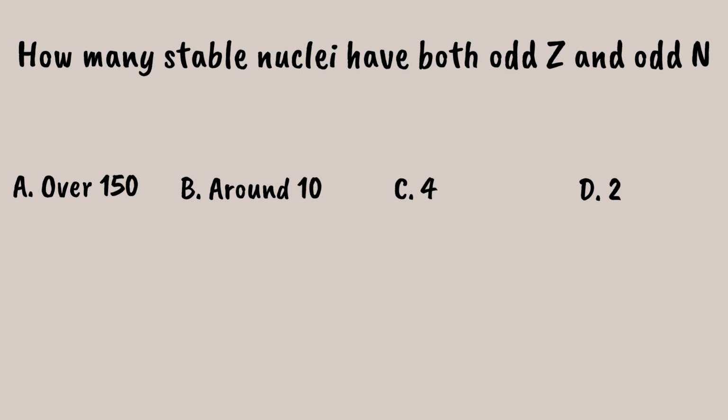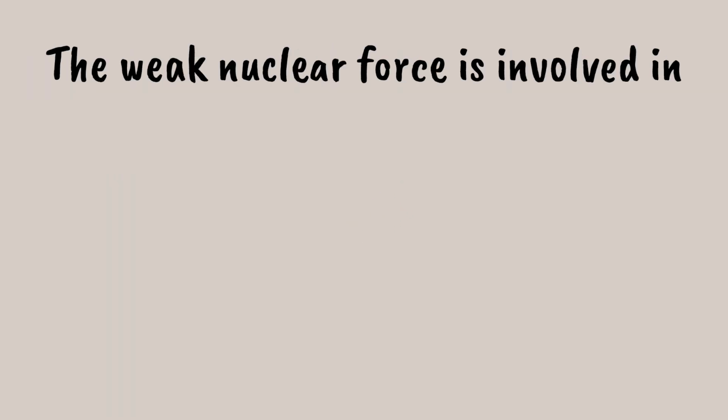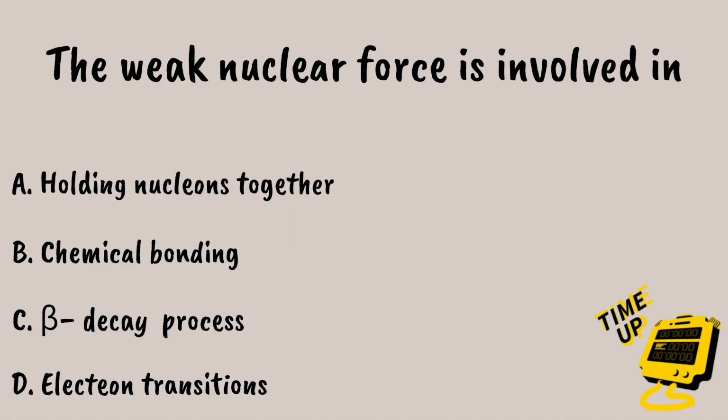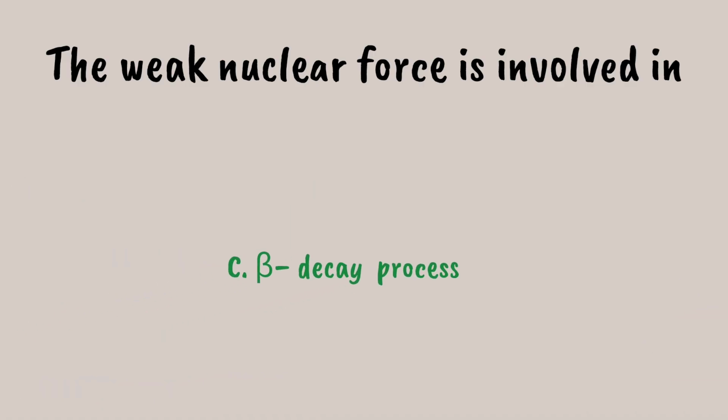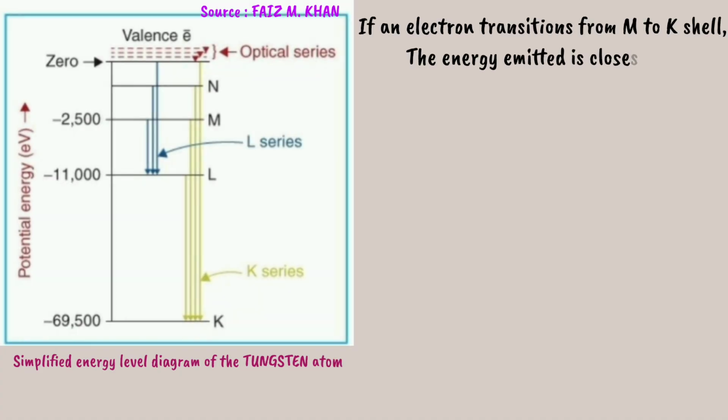How many stable nuclei have both odd Z and odd N? The weak nuclear force is involved. If an electron transitions from M to K shell, the energy emitted is closest to.